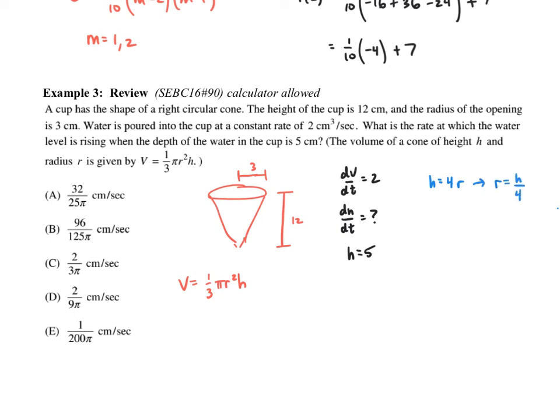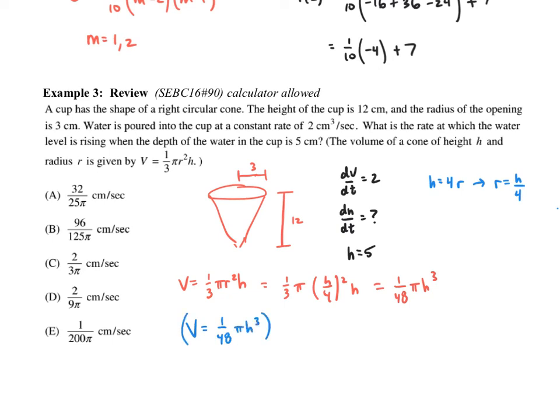We're going to use that in our equation for volume. We're going to make it 1/3 pi times h divided by 4 squared times h. Let's simplify that. 4 squared is 16 times 3 is 48. So we have 1 over 48 pi times h cubed.